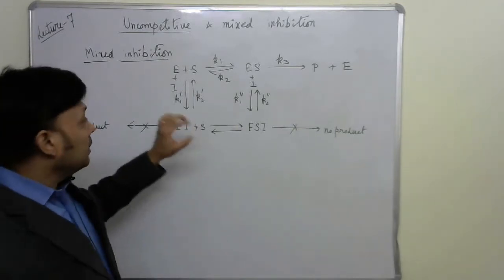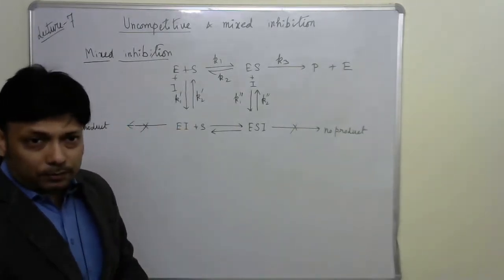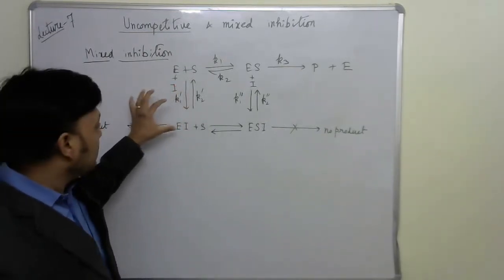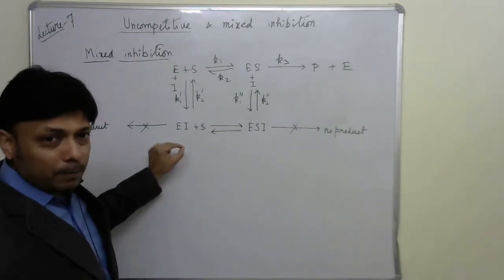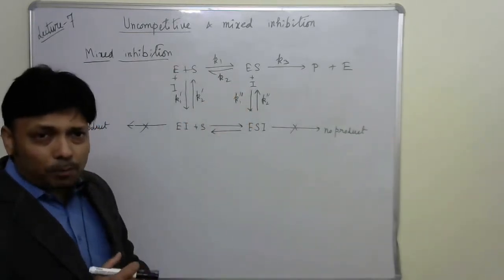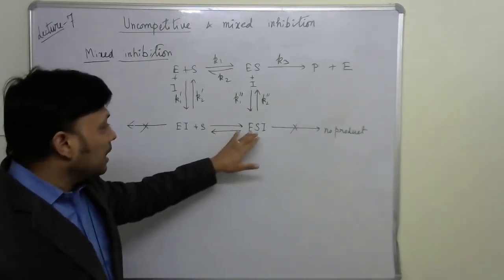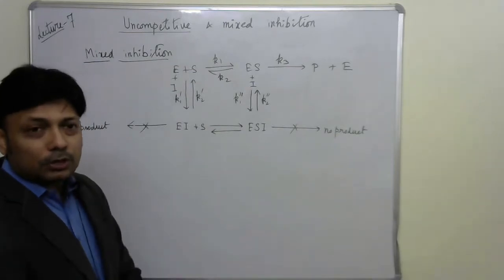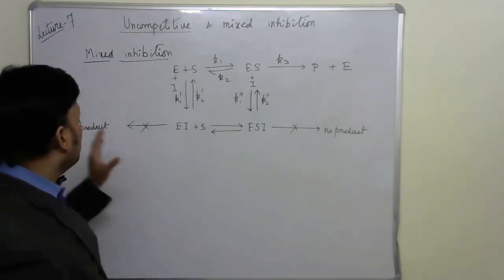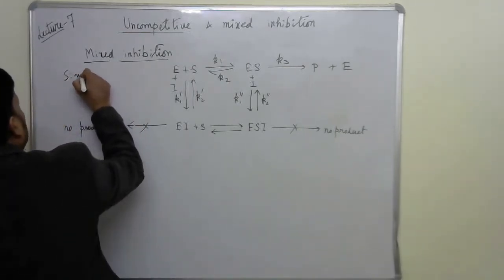And remember, the inhibitor is equally capable of binding to the active site to make EI in a competitive manner, and also it can bind to the enzyme-substrate complex at other non-active sites to give ESI, the enzyme-substrate-inhibitor complex.